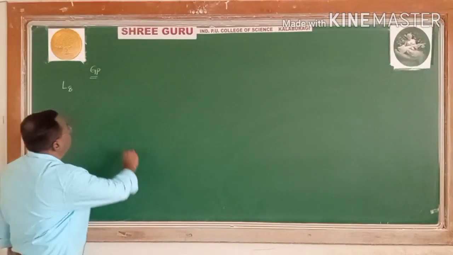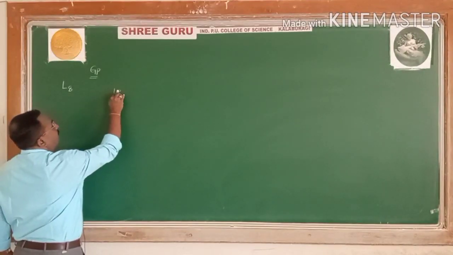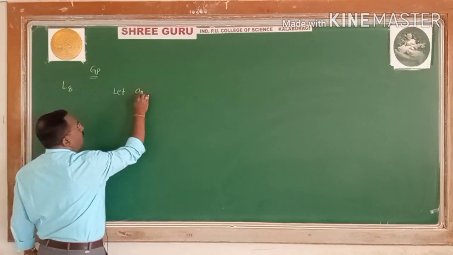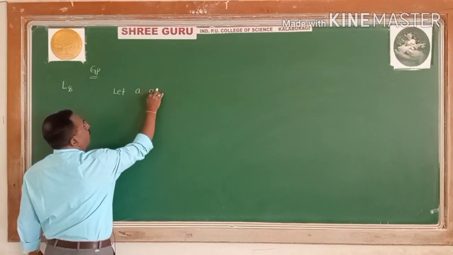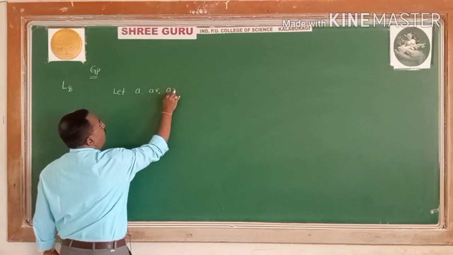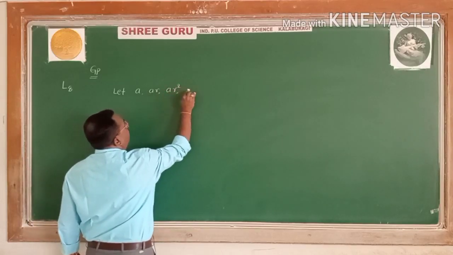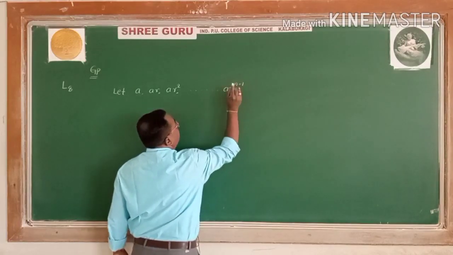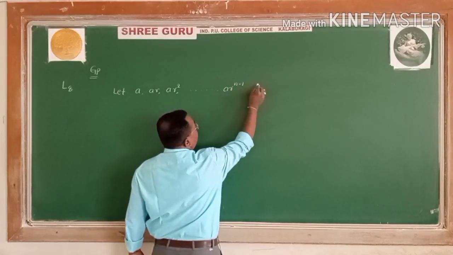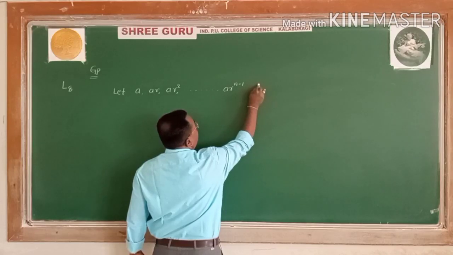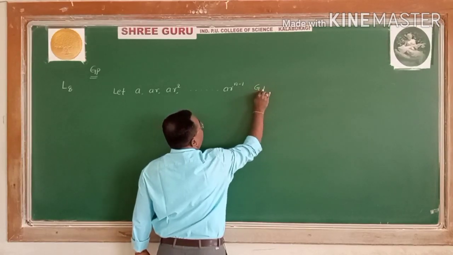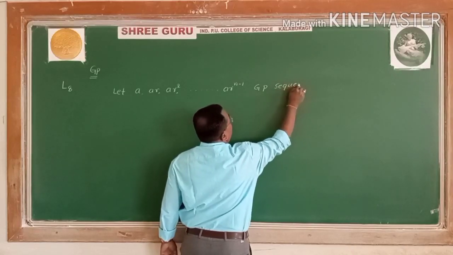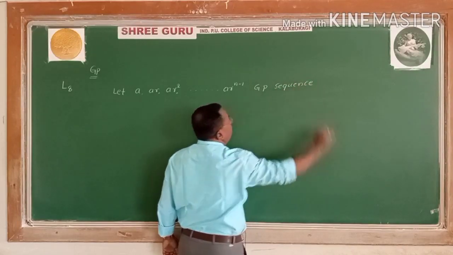A, AR, AR square, up to so on, A into r to the power n minus 1. This is a GP sequence.